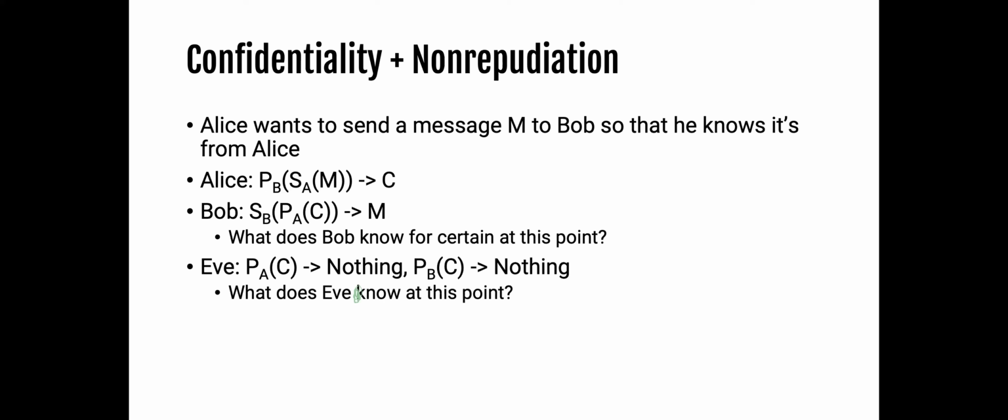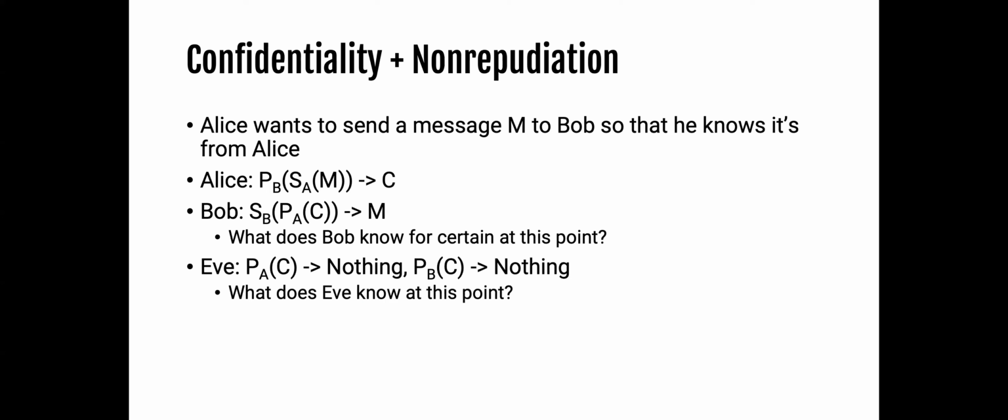Confidentiality plus non-repudiation. What if we hope that we send a message that Eve will not be able to know what the plain message is? And also, Eve will not be able to forge the message, will not be able to impersonate me. So how should I do it?